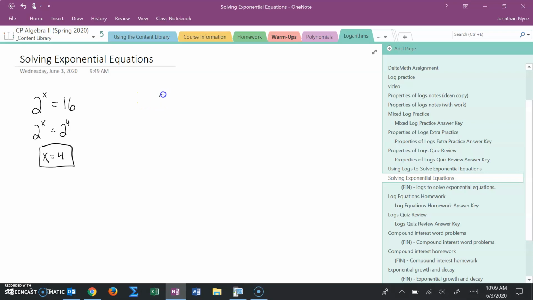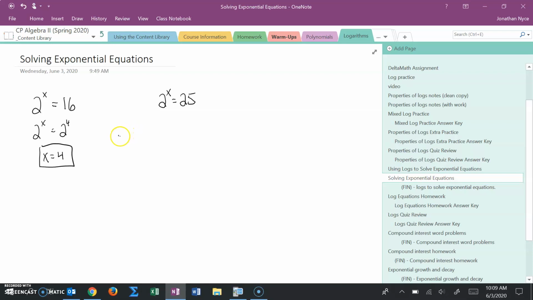That works well for things like 2 to the x power equals 16. But if we had something like 2 to the x power equals 25, then we can't do the same thing as we did with the first equation, because with the first equation, 2 and 16 are both powers of 2. But 25 is not 2 raised to any particular power, not a nice neat number.